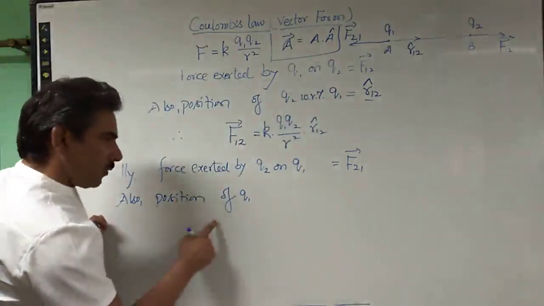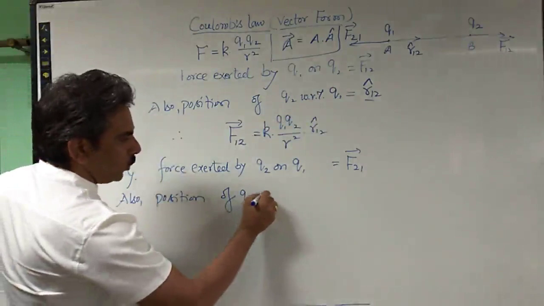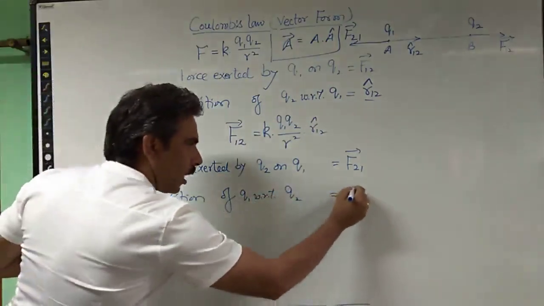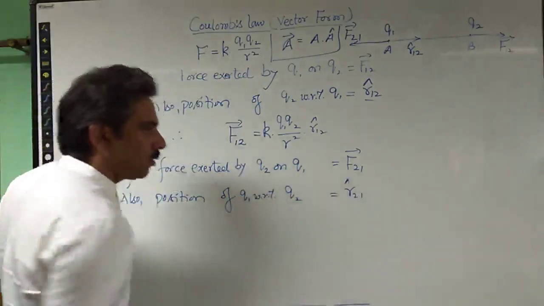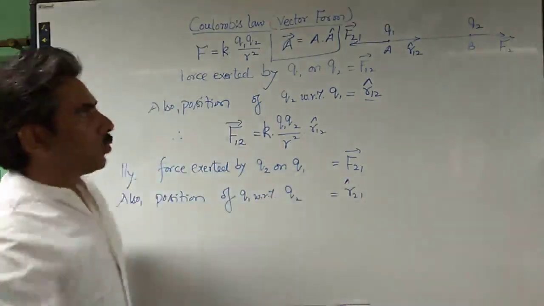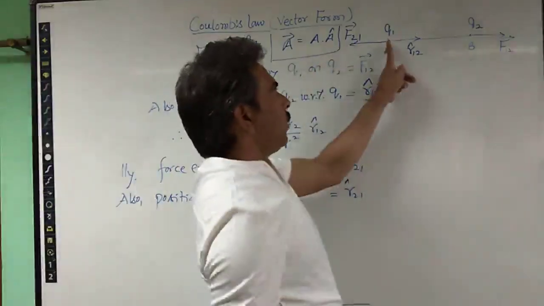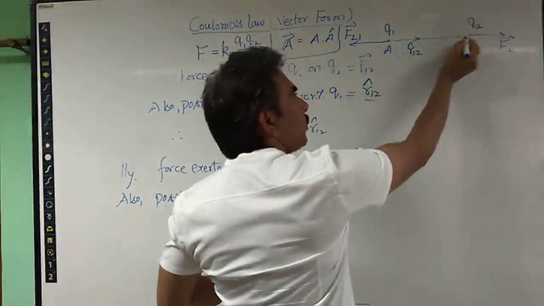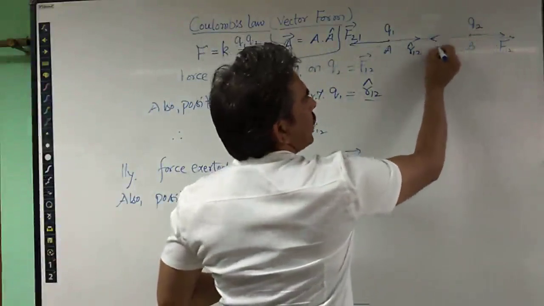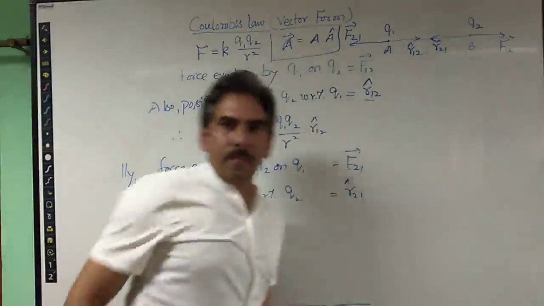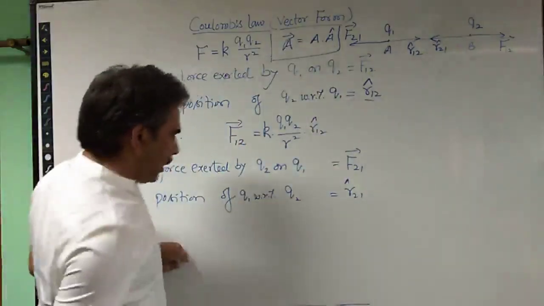So therefore position of charge Q1 with respect to charge Q2, I am defining it as R21 unit vector. So that position is known by this unit vector R21 cap. So what is the position of Q1 with respect to Q2? This is the point from where the position is to be known. So it is R21 cap.